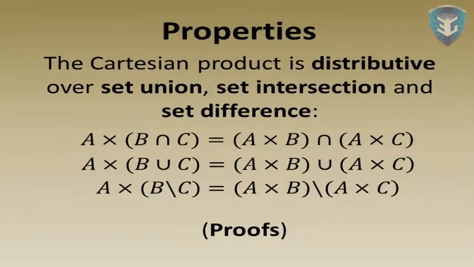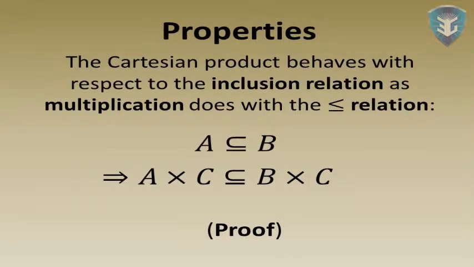Here are some properties of the Cartesian product. First, we know that it's distributive over set union, set intersection, and set difference. Next, the Cartesian product behaves with respect to the inclusion relation as multiplication does with the total ordering relation on the real numbers.